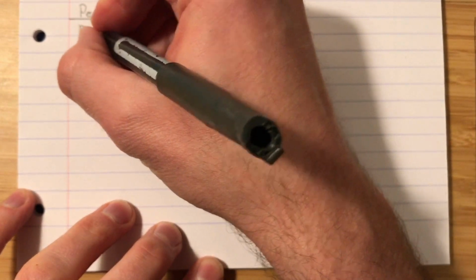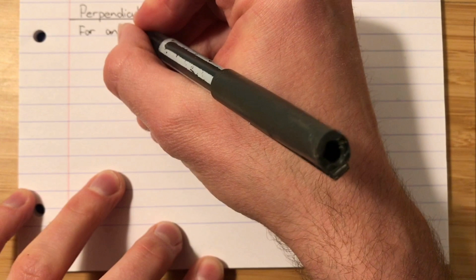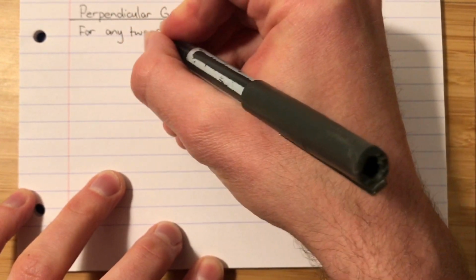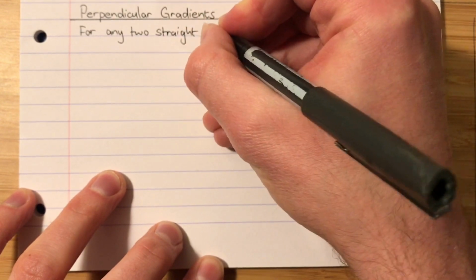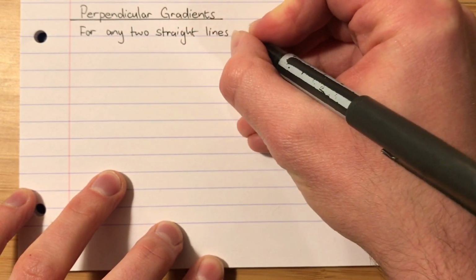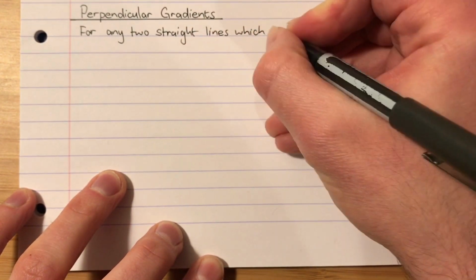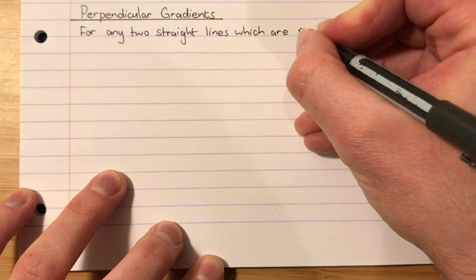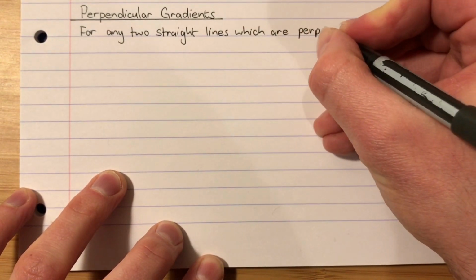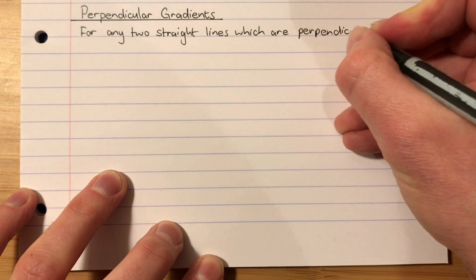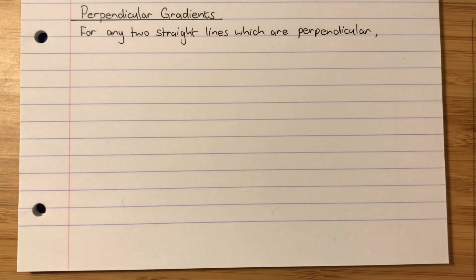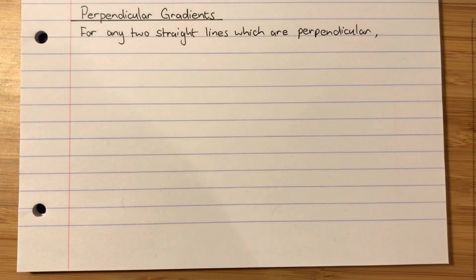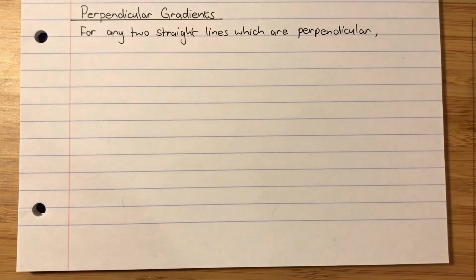for any two straight lines which are perpendicular, so we know that means they meet each other at right angles.